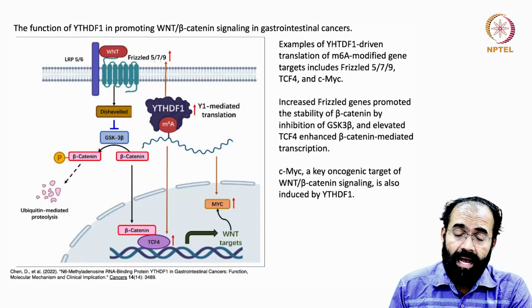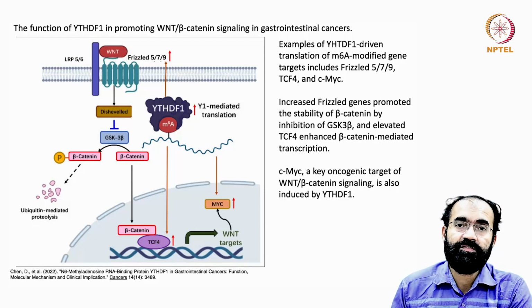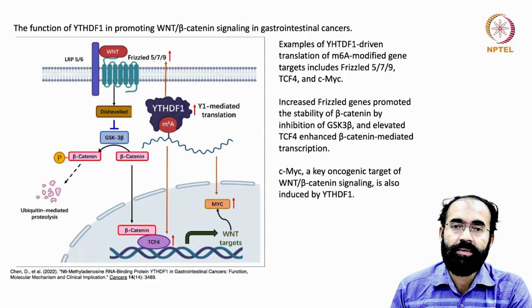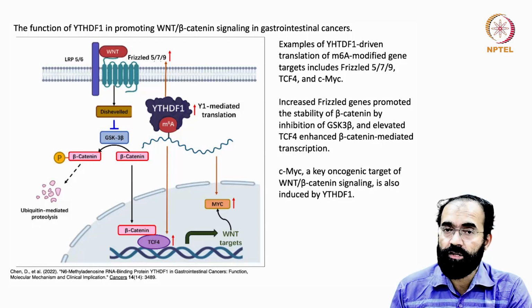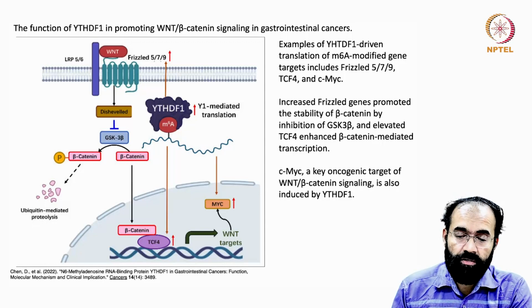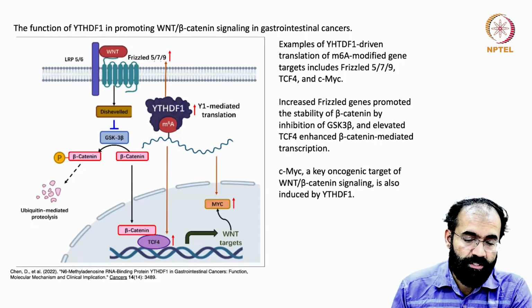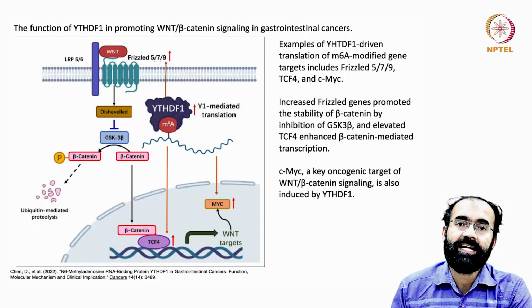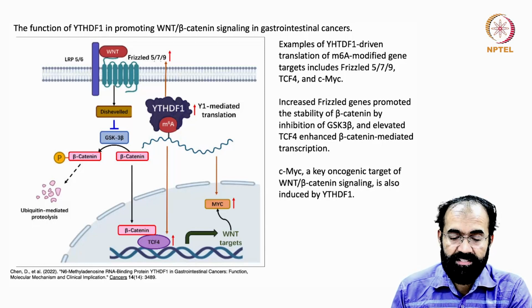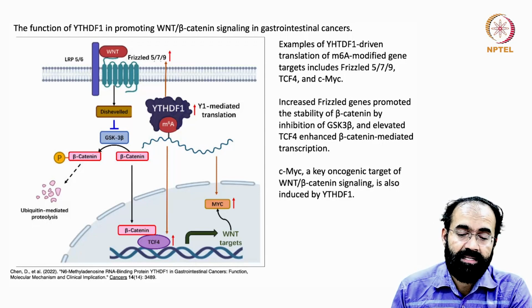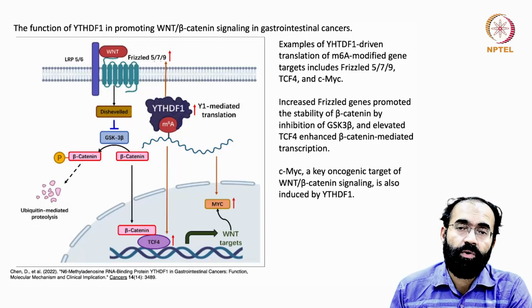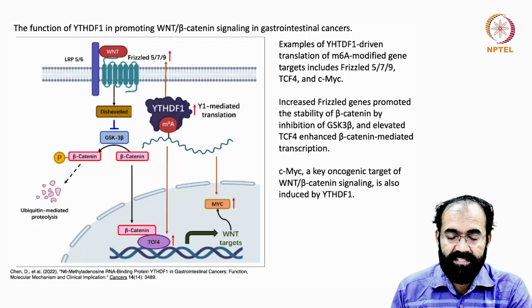So accelerated production of frizzled will facilitate the Wnt signaling, because more receptor means whenever Wnt is available, none of the Wnt will go wasted. And not only that, you have too much of TCF. So whatever stabilized beta-catenin will find an efficient way of binding to the targets, because there is an abundant supply of TCF also now. And not only that, one of the targets, that is MYC, once it is produced, more and more of the MYC RNA will be facilitated for translation.